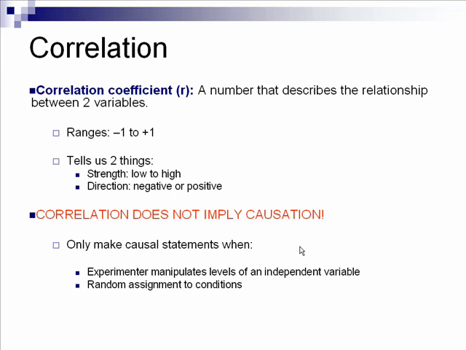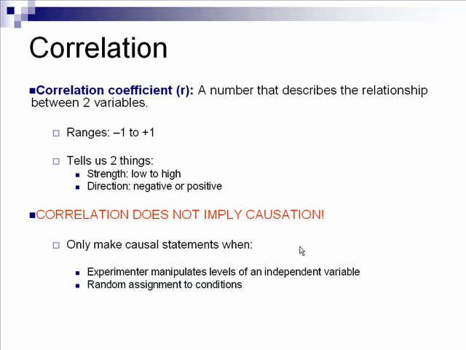In terms of direction, what we're talking about is the values of the variable and the direction that they're going. So if the values of one variable are going in a positive direction, then that means the values of the other variable are also going in the same direction. That's what positive means.